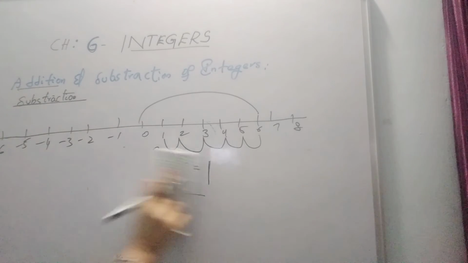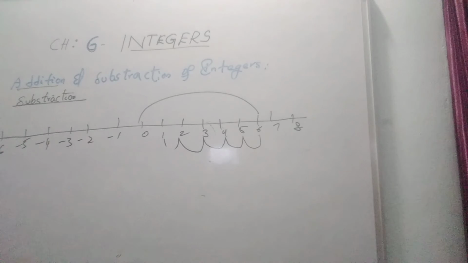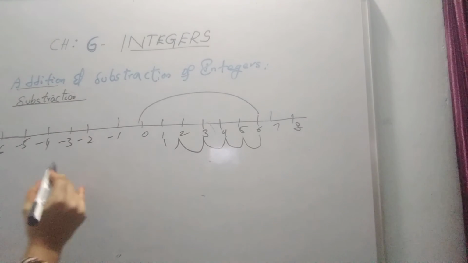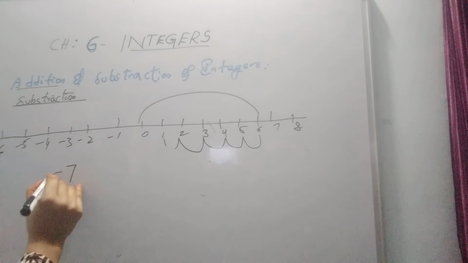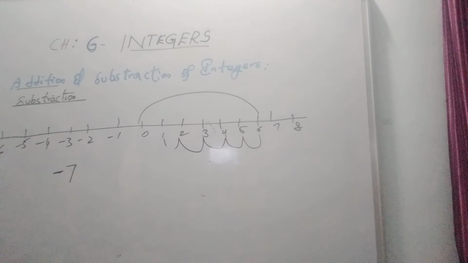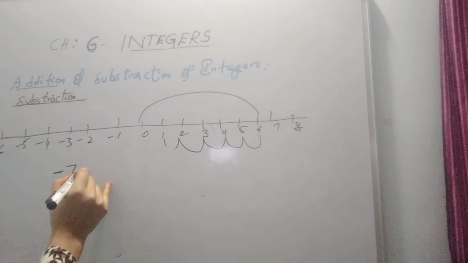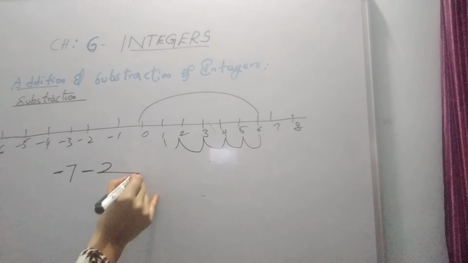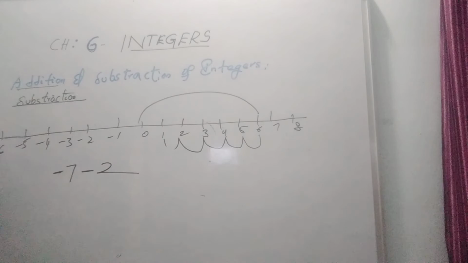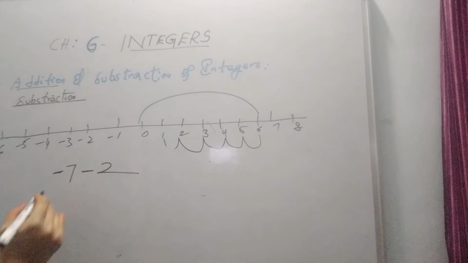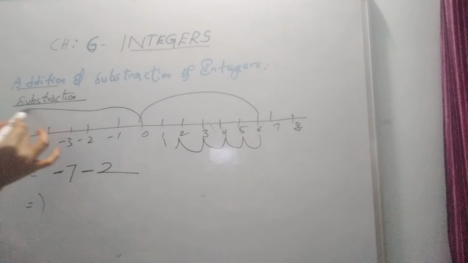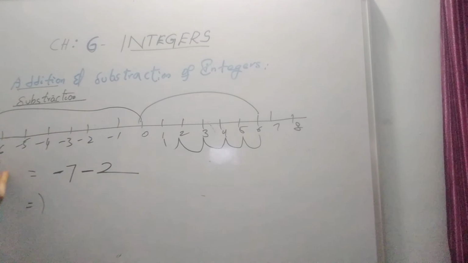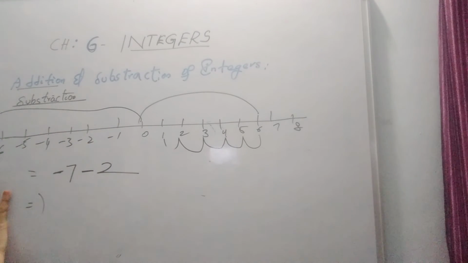Let's do another example. Subtraction of -7 and -2. First we jump from 0 to -7 directly. We reached -7.